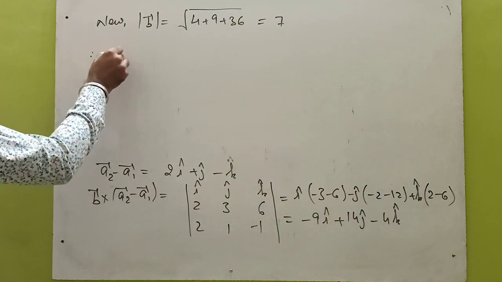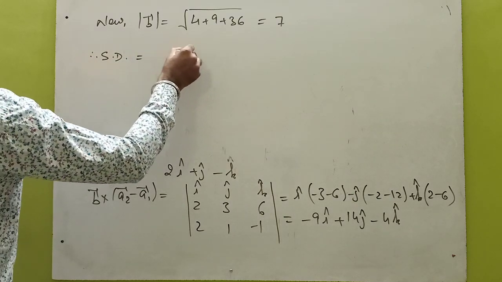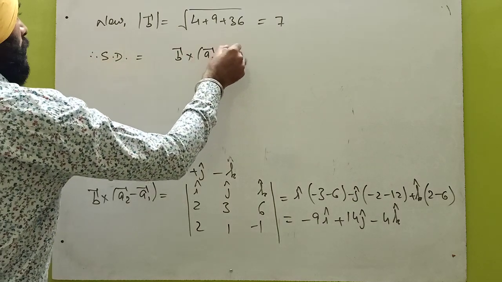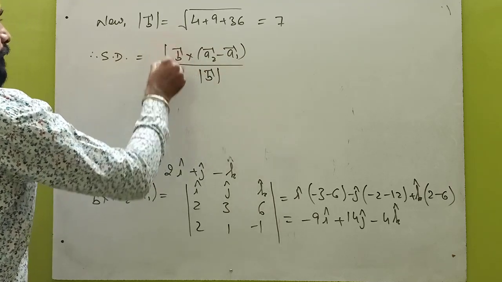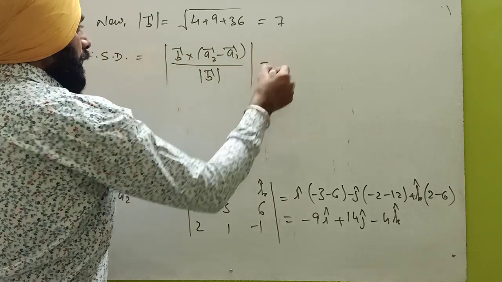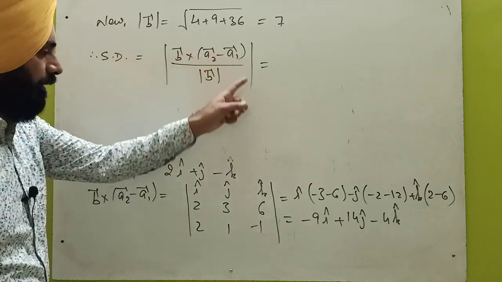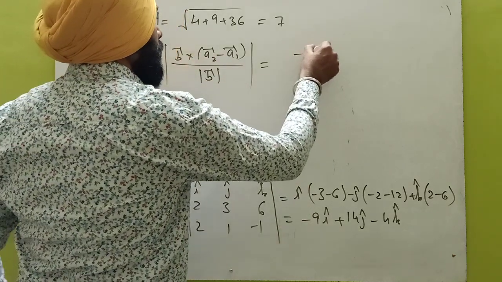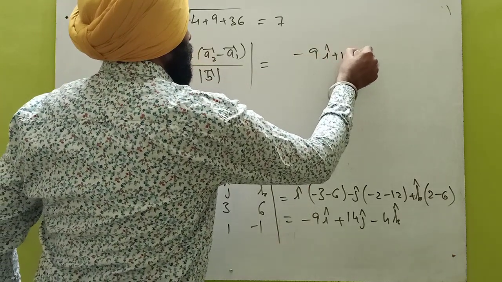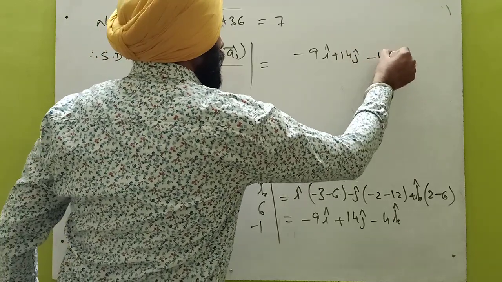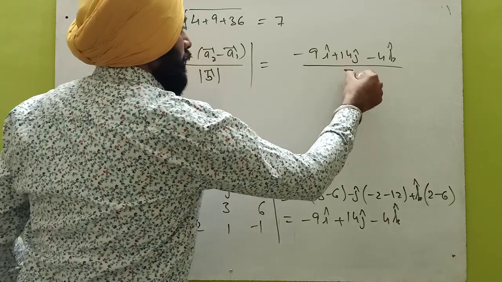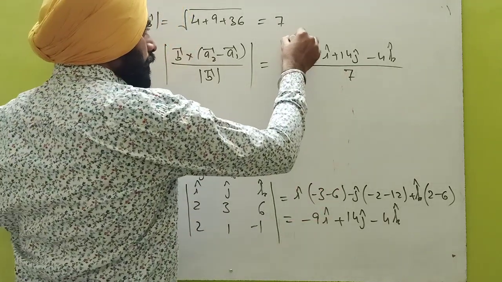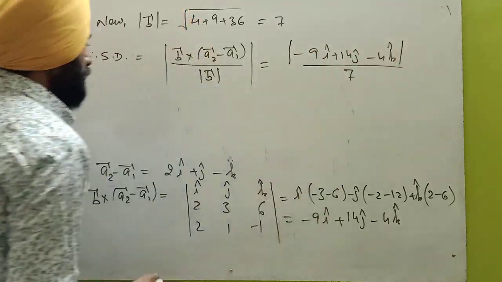Therefore shortest distance is equal to the mod of B cross (A2 minus A1) divided by magnitude of B. And now put the values. This value is -9 i cap + 14 j cap - 4 k cap, divided by magnitude 7, which is already positive, so we will take mod in the numerator only.